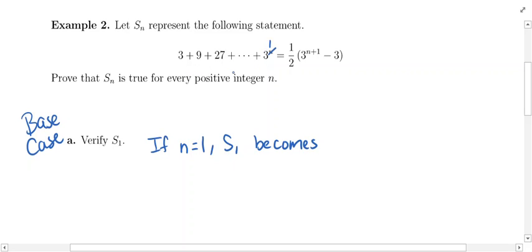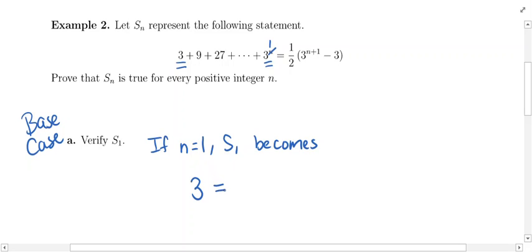On the left side, what numbers would you be adding up? Well, if you look at the plus dot dot dot plus 3 to the first power, you're starting with 3, you're adding all the way up to 3 to the first power, which is 3 itself. So that tells us that the only thing that's being added on the left side is the number 3 itself.